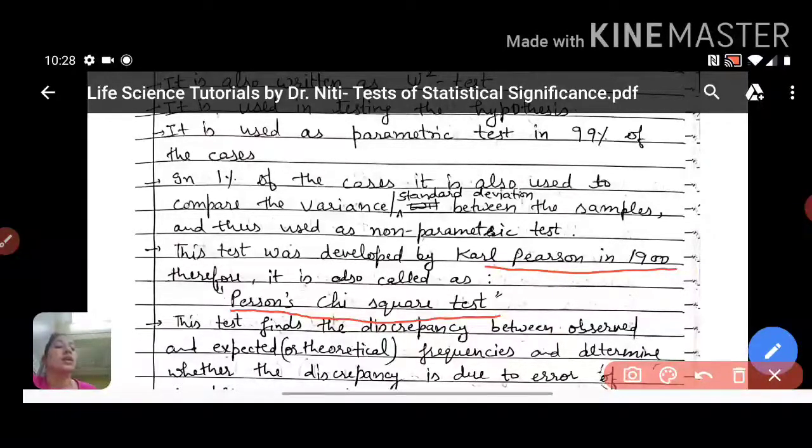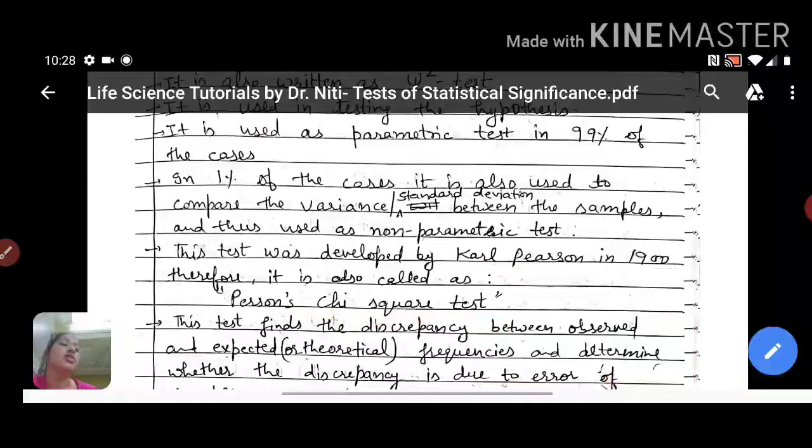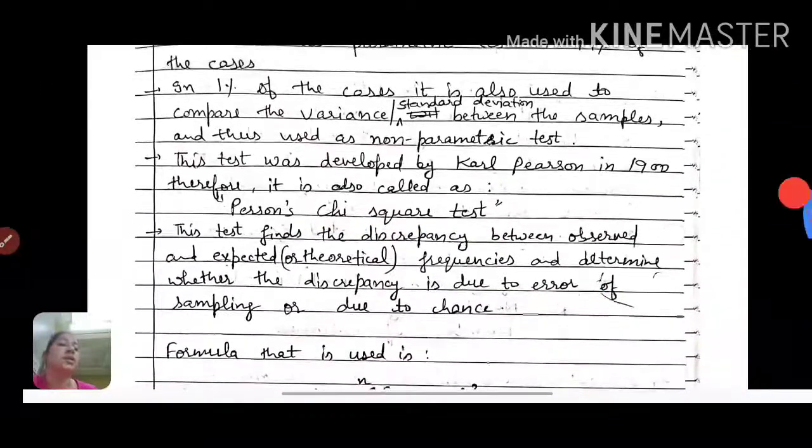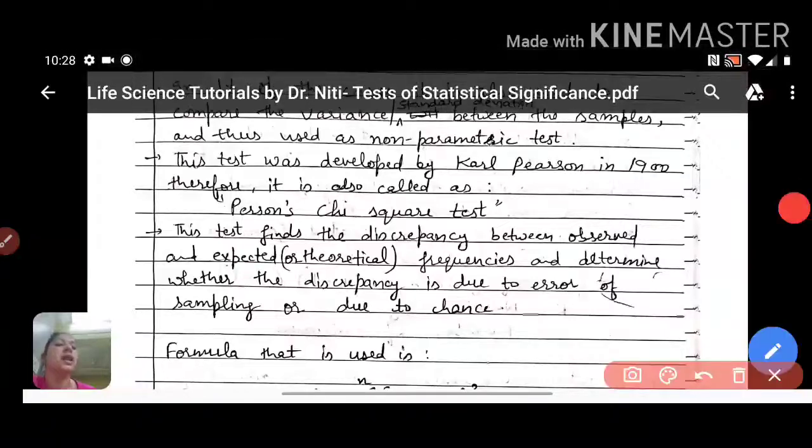This test is generally used to determine whether there is a significant difference between the observed frequencies and the expected frequencies or not.